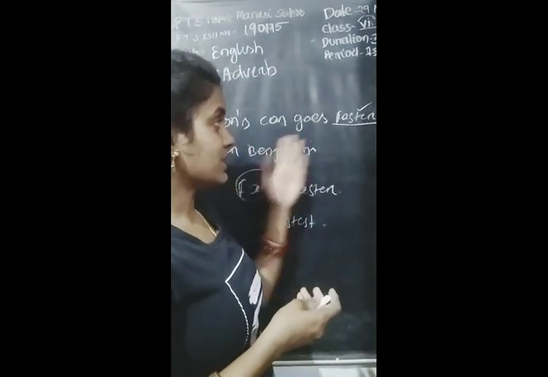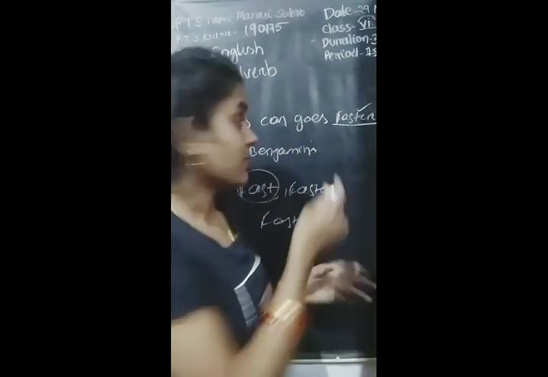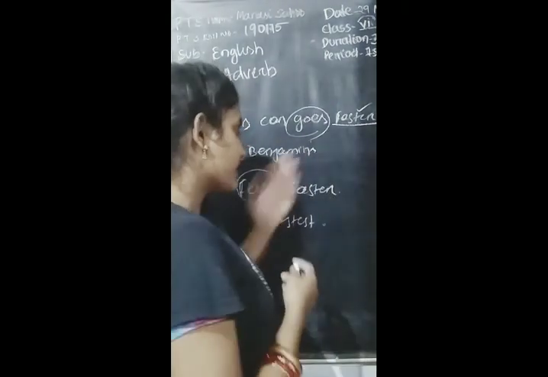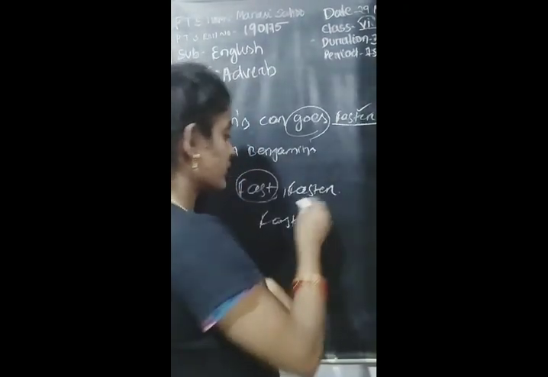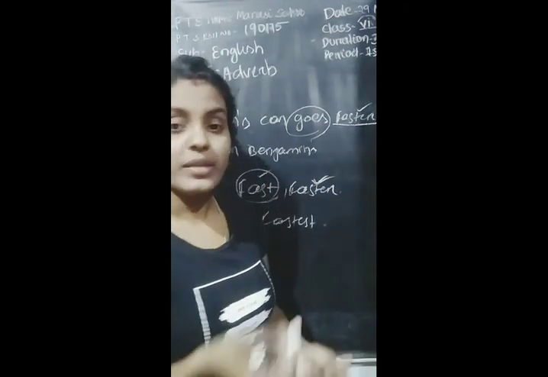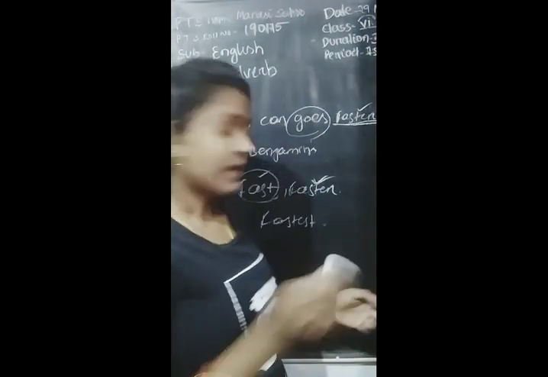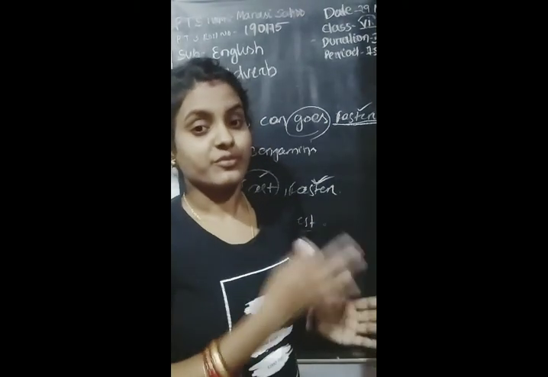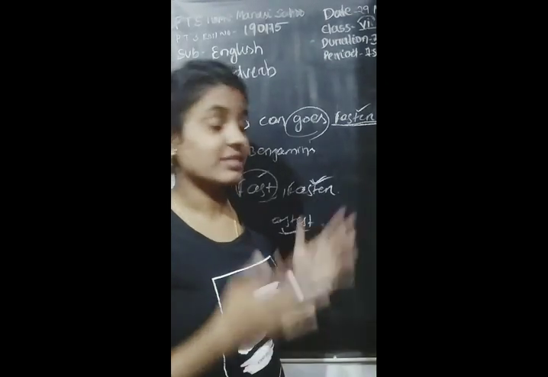As you can see in this sentence, the word fast describes the verb goes, right? And the word faster is the comparative form of fast, which is used in this sentence. And the word fastest is the superlative form of fast.